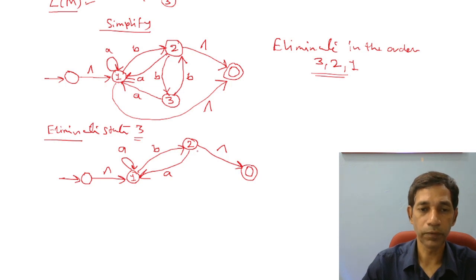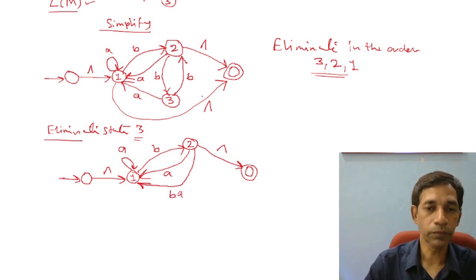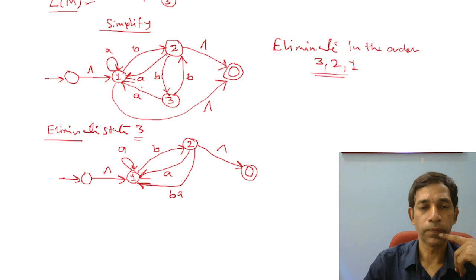So you have the direct path from 2 to 1. And what is the label for this path? This edge B, then you are going to 1 for the label A. So you are concatenating, then you have BA.